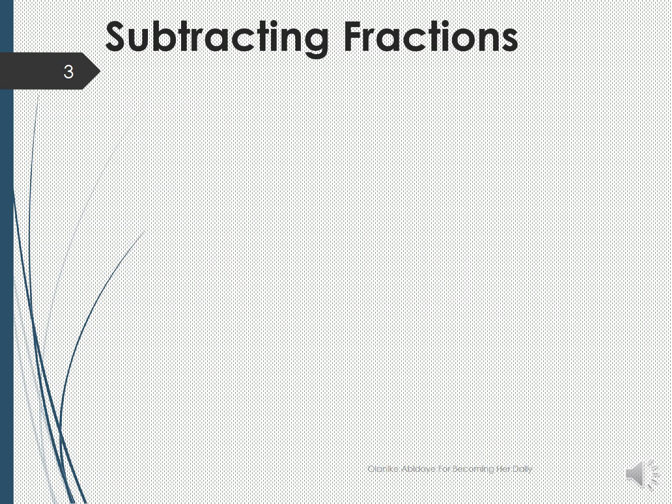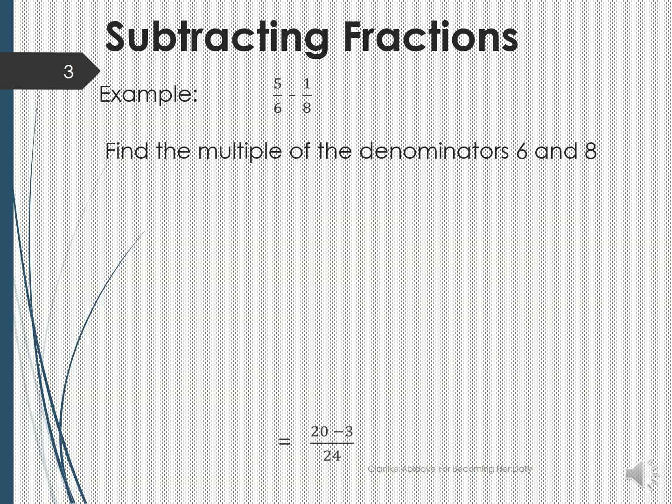Next is subtracting fractions. Let's look at the example: 5 over 6 minus 1 over 8. As usual, we find a multiple of 6 and 8. When you look at 6 and 8, we can have 24, we can have 48. So we are picking 24 now, since that's the least multiple. Having 24, how many 6 in 24?